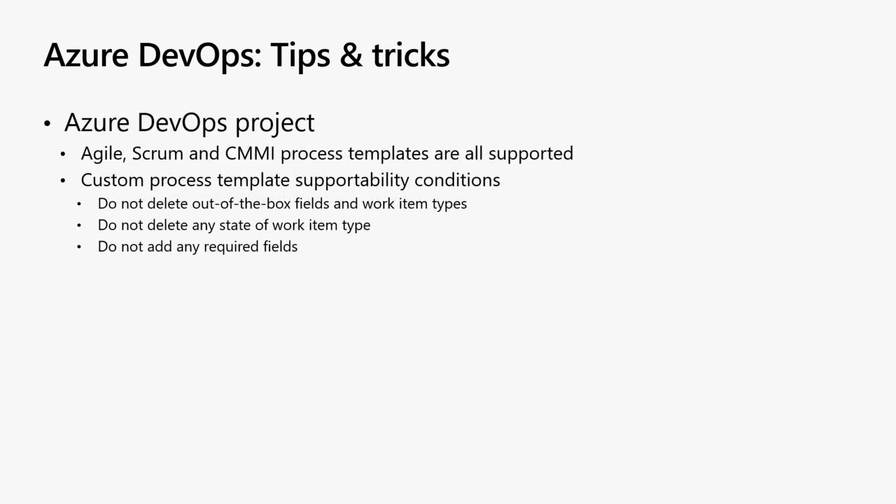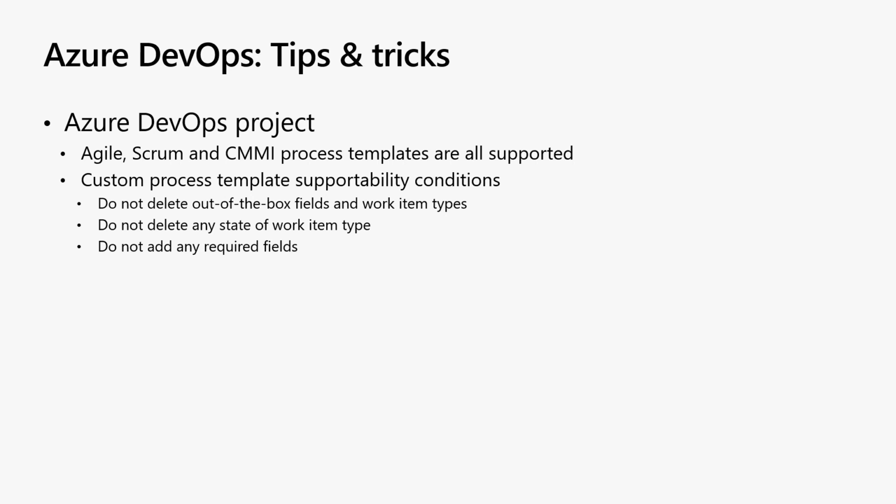The last thing is that all default process templates are supported. You can use Azure, Agile, Scrum, and CMMI templates. However, we also support custom processes if you respect some requirements. The first one is you do not delete any out-of-the-box field or work item type.